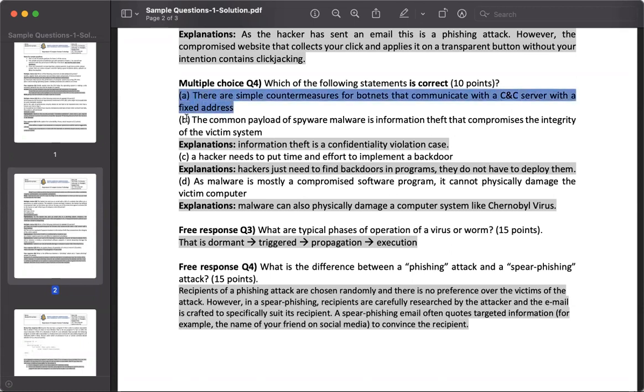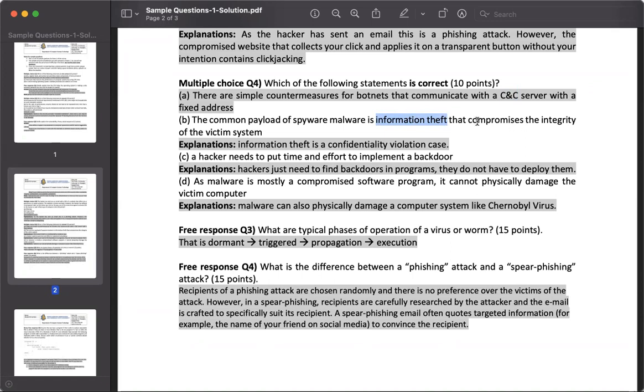Item B says the common payload of spyware malware is information theft that compromises the integrity of the victim's system. The first part of this item is correct. The payload of spyware is information theft. Spyware tries to collect information and send that information to someone for use.